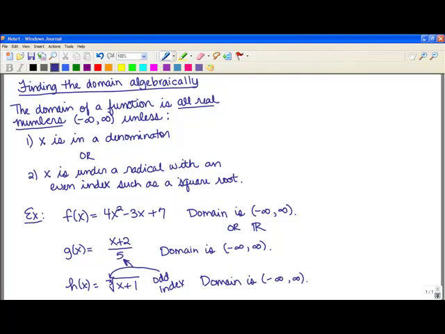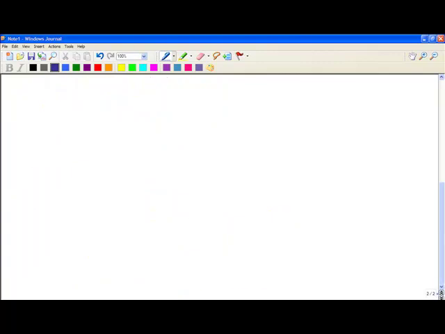Now let's take a look at some problems where we actually have to do some work, where we have an x in a denominator and an x underneath the radical with an even index. Example.